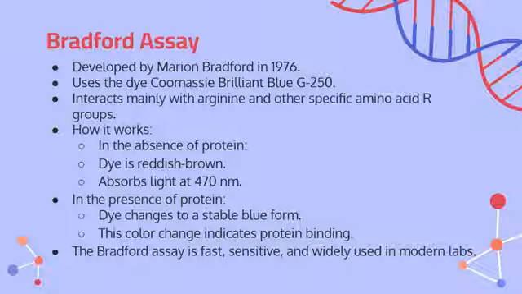In the absence of proteins, the dye is reddish brown and absorbs light at 470 nanometers. In the presence of proteins, the dye suddenly changes to a blue form, and the color change indicates protein binding. Bradford's assay is fast, sensitive, and once again widely used in the laboratory.